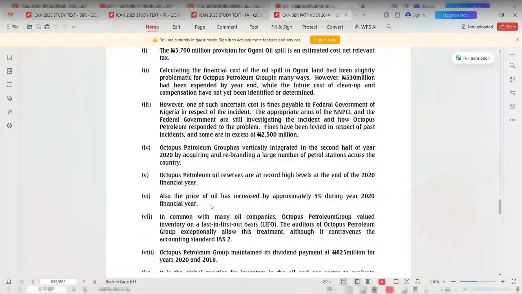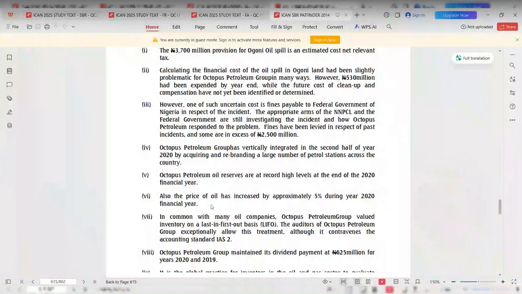Roman figure 5: Octopus Petroleum oil reserves are at a record high level at the end of the 2020 financial year. You see what I was saying now? Roman figure 4 told us that they have acquired and rebranded a large number of petrol stations, and as a result, their reserve has now jumped up.